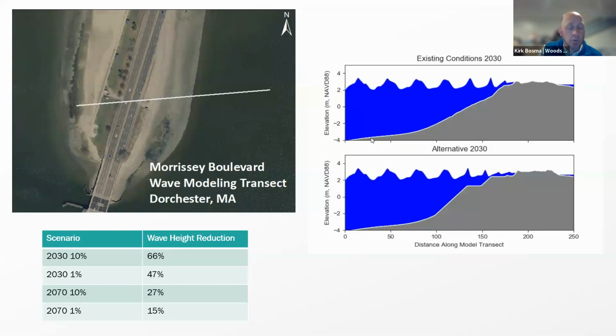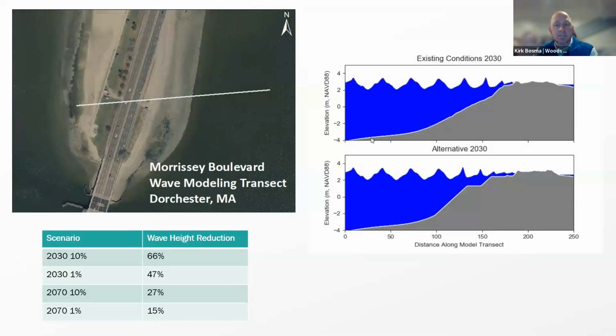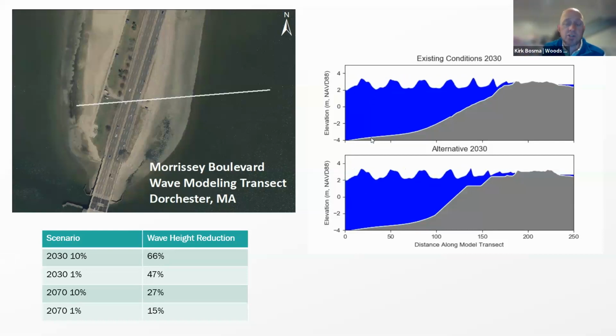We looked at various storm conditions and how the wave height reduction came into play if you did a living shoreline type element in front of the area, or beach nourishment, to assess not just the structures themselves, but the actual landscape as a whole.